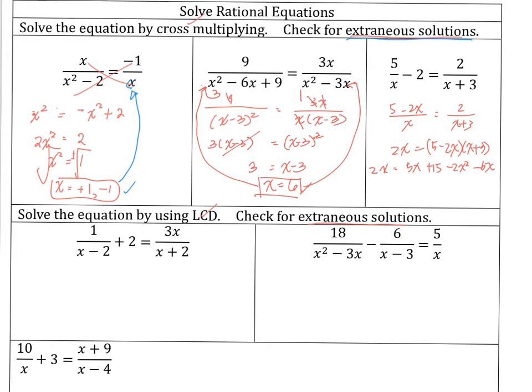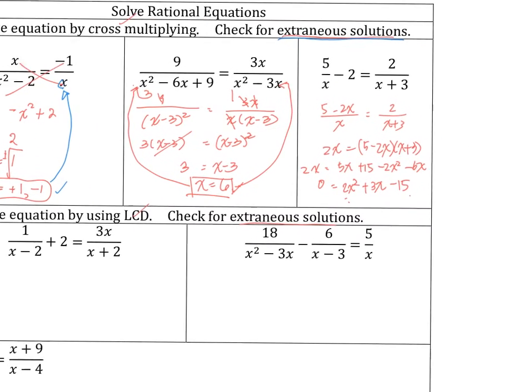So this would be 0 equal to 2x squared plus 8x plus 3x actually, and then minus 15. And you may notice that this is not factorable, so we need to use the quadratic equation.